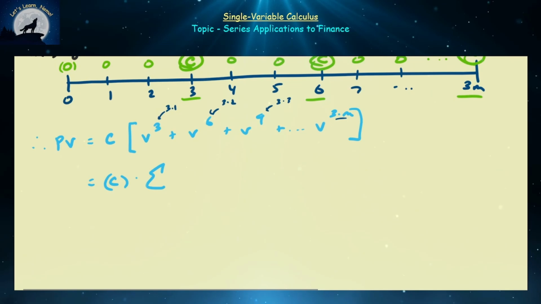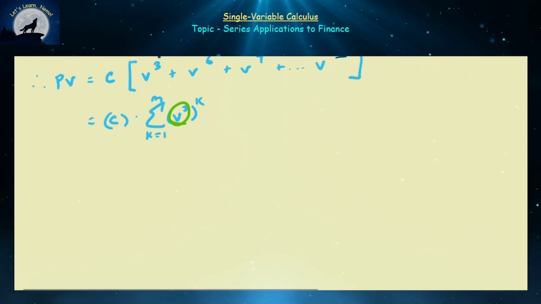So we have c times the sum from k equal to 1 to m of nu to the power of 3 to the power of k. Notice that our base now is nu cubed, and our series starts at k equal to 1. So we actually know exactly what this is equal to.